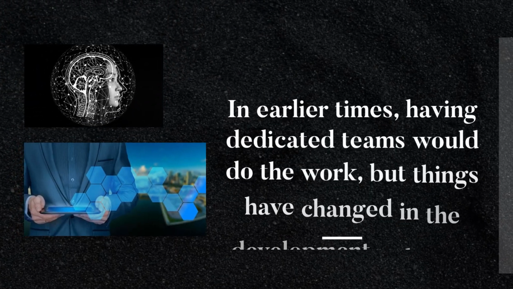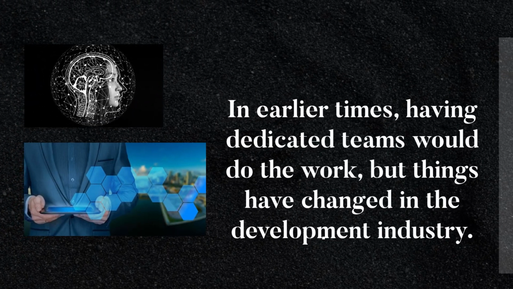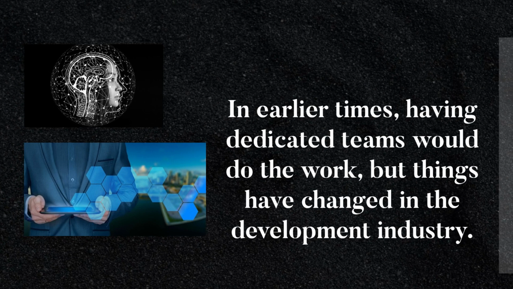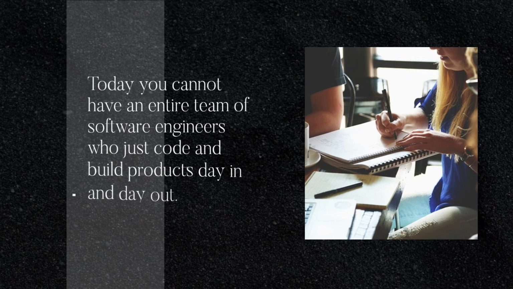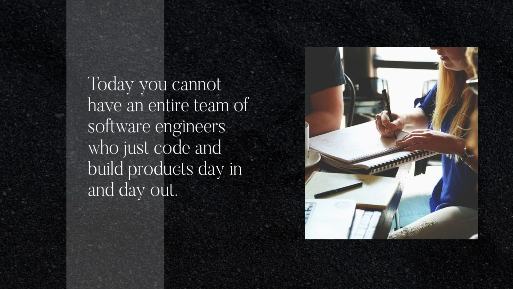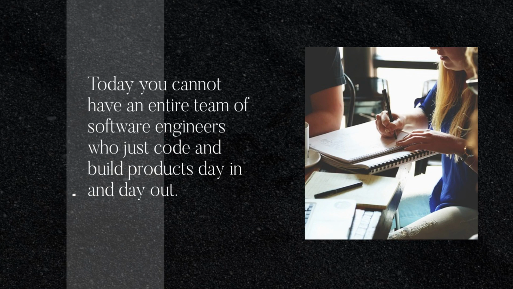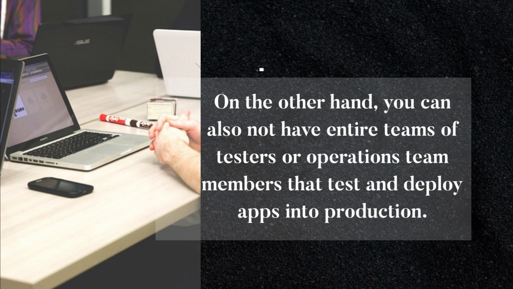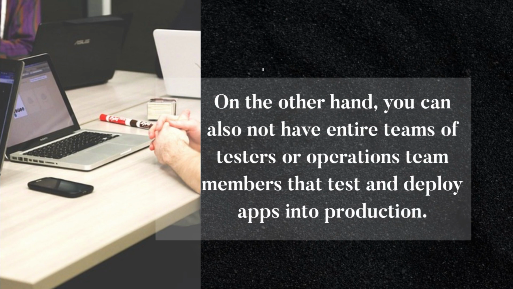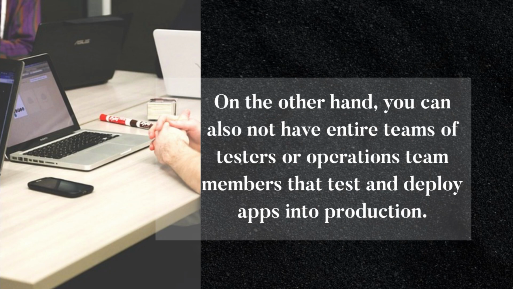In earlier times, having dedicated teams would do the work, but things have changed in the development industry. Today you cannot have an entire team of software engineers who just code and build products day in and day out. On the other hand, you can also not have entire teams of testers or operations team members that test and deploy apps into production.